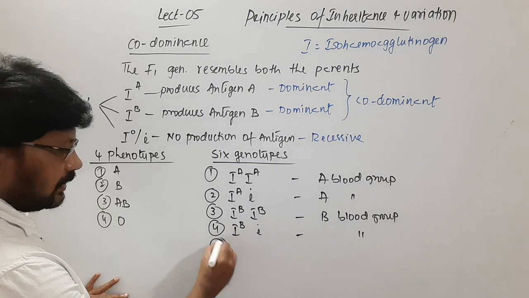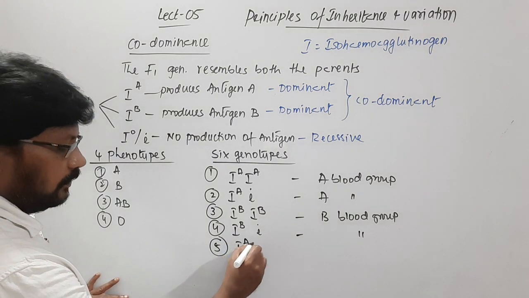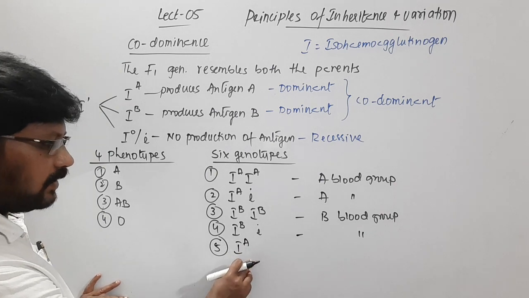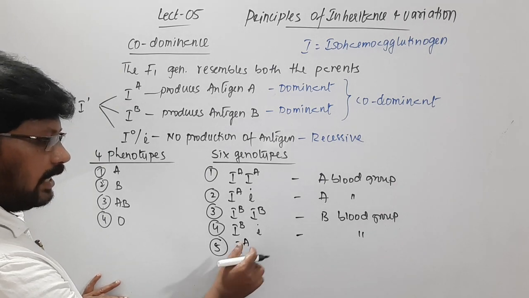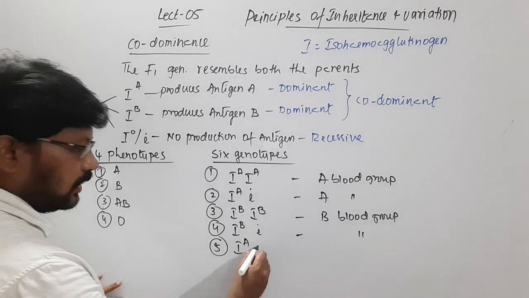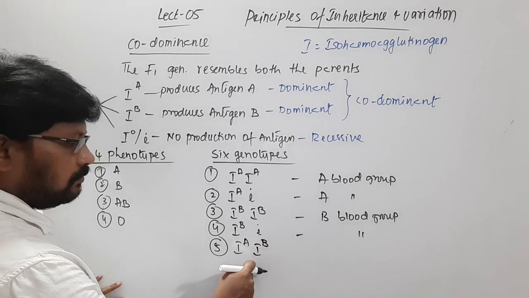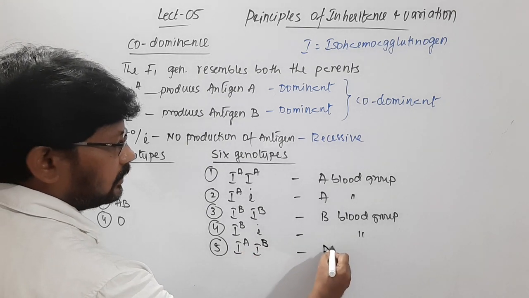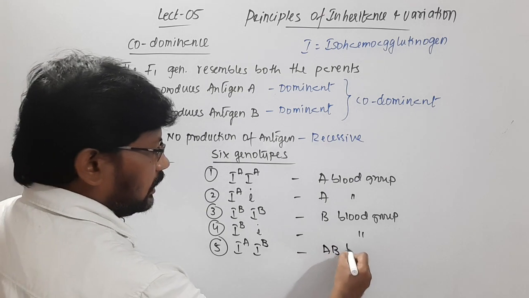And then in the next situation, suppose a person received one gene, IA, from the father, and IB from the mother. Then in this case the person's blood group is AB.